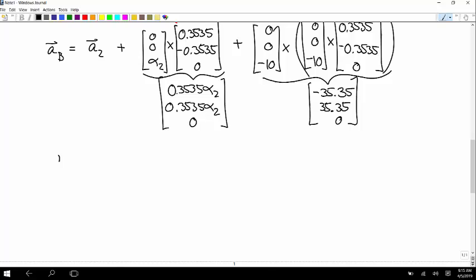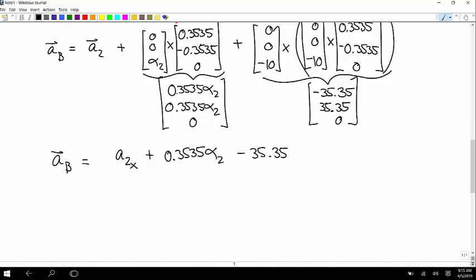And so if you add it all together, you get an acceleration of that point B equal to, for the X component, A2X plus 0.3535 alpha 2 minus 35.35.